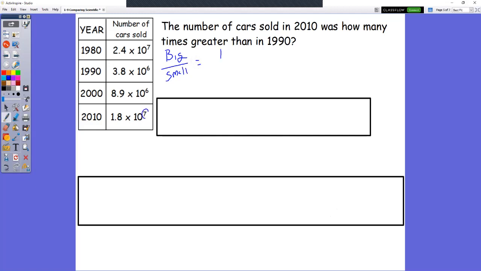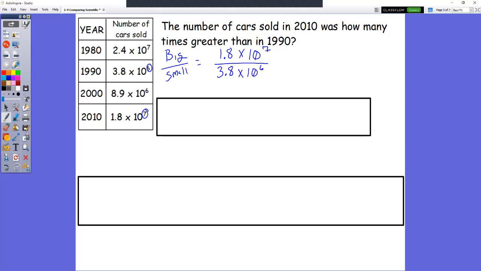And that is the bigger number because the exponent tells us that. So 1.8 times 10 to the 7th divided by 3.8 times 10 to the 6th.